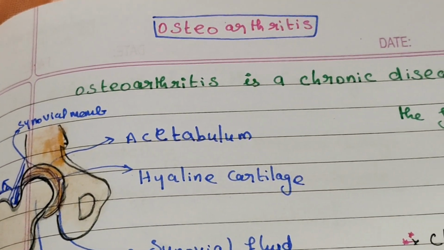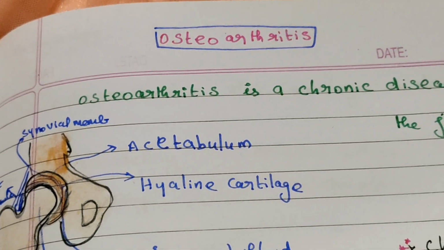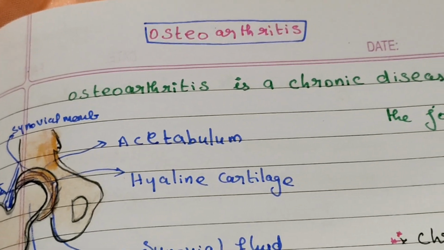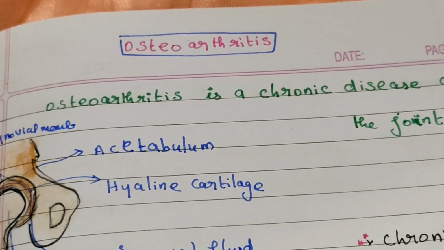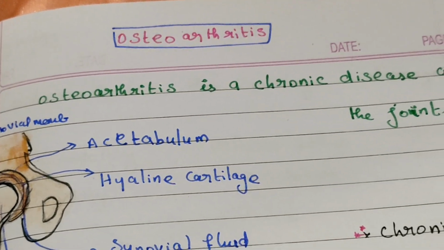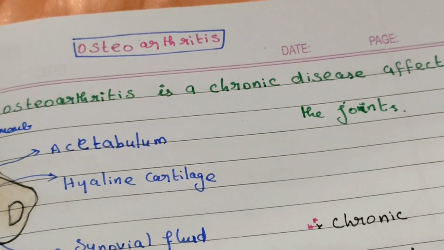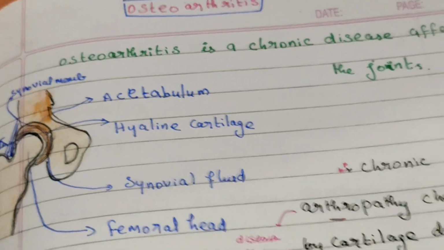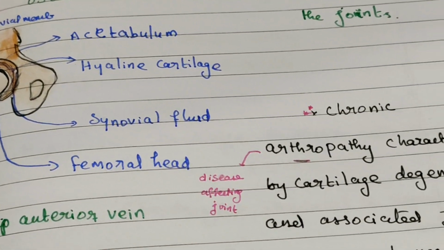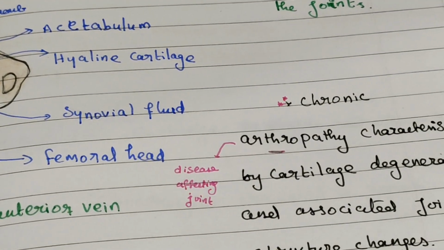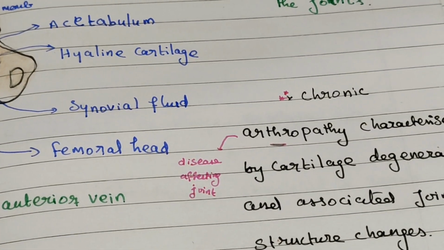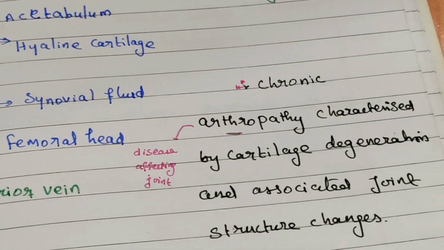Today's topic of discussion is osteoarthritis. What is osteoarthritis? Osteoarthritis is a chronic disease affecting the joint, characterized by degeneration of cartilage and associated joint structure changes.